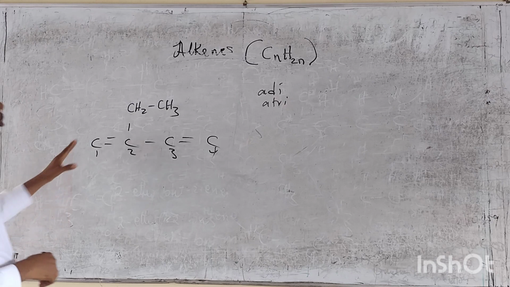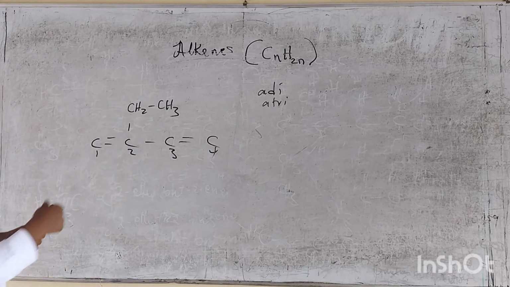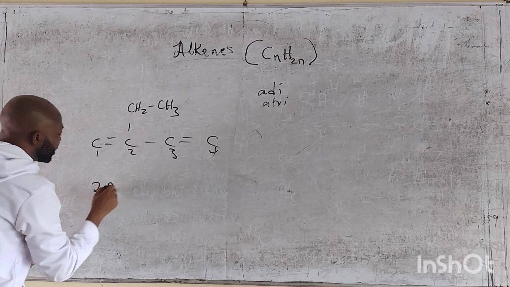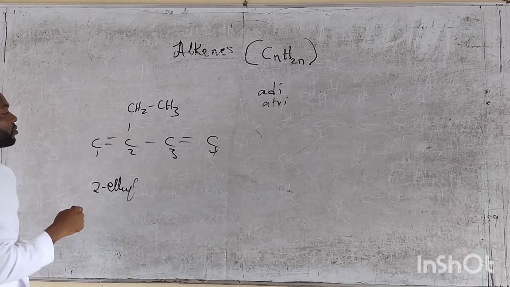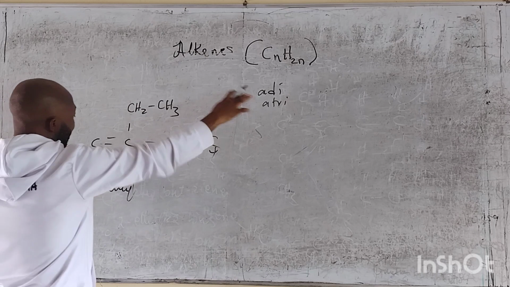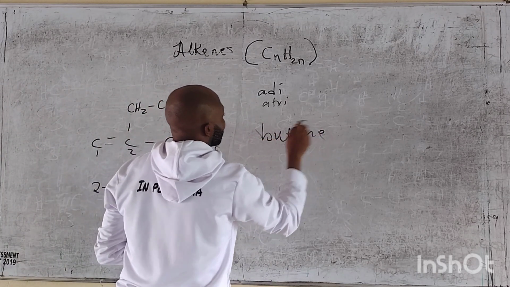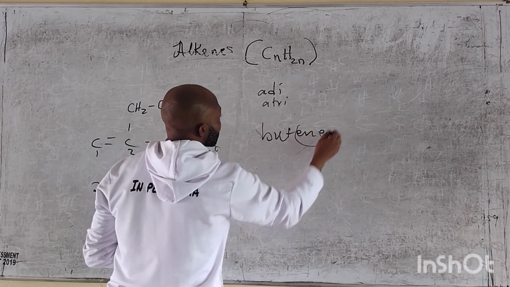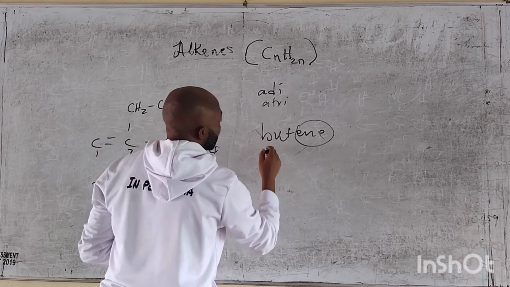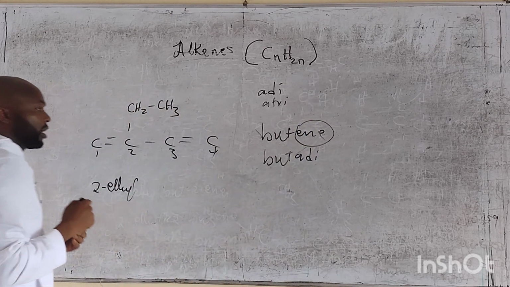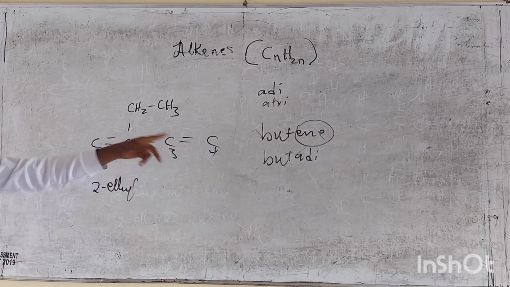Now, this is the second carbon atom. I have an ethyl, so I have 2-ethyl. Remember that instead of butene, they say you should change this to this. Now, let's see how that works.